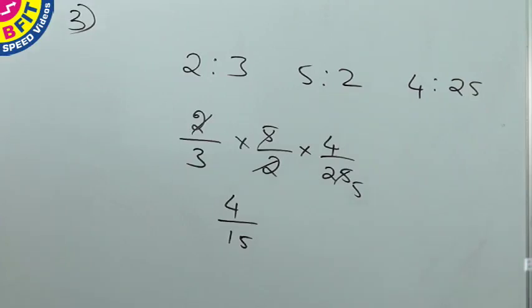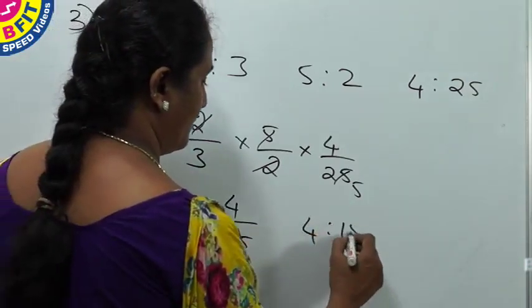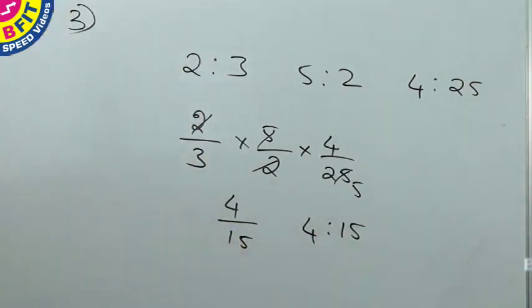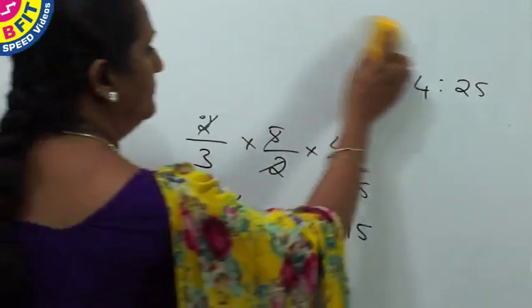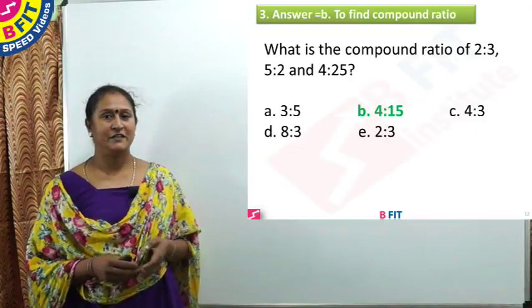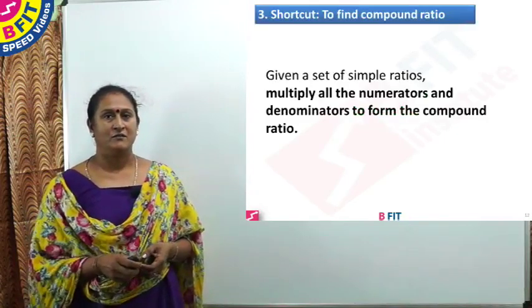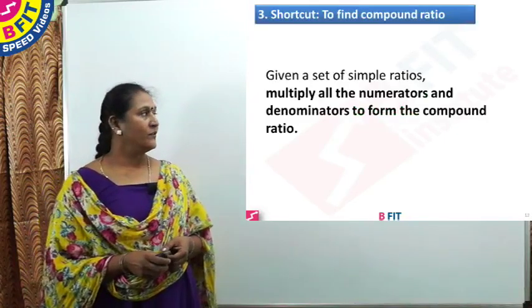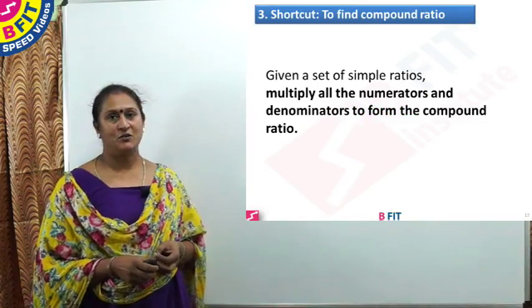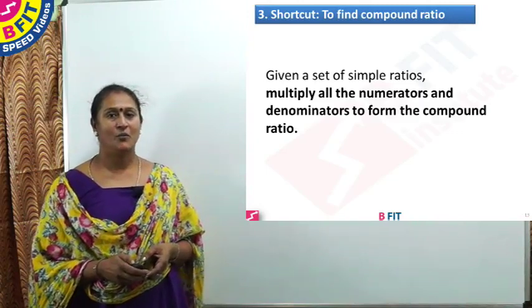So the compound ratio is 4:15. The answer for question number 3 is option B, 4:15. Whenever there is a set of simple ratios, multiply all the numerators and denominators to form the compound ratio.